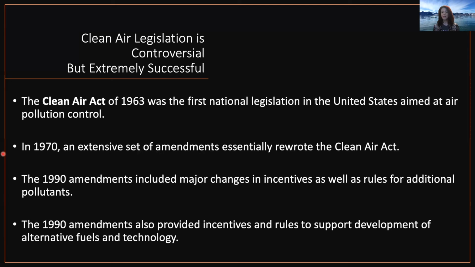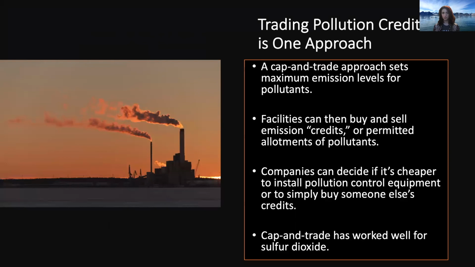The 1990 amendments also provided incentives and rules to support the development of alternative fuels and technology. These amendments also finally established rules that allowed the EPA the right to fine violators of air pollution standards. These revisions also created new incentives for pollution control.